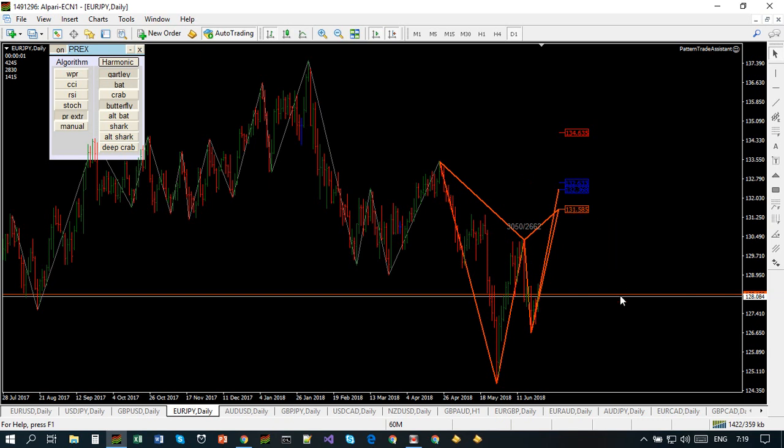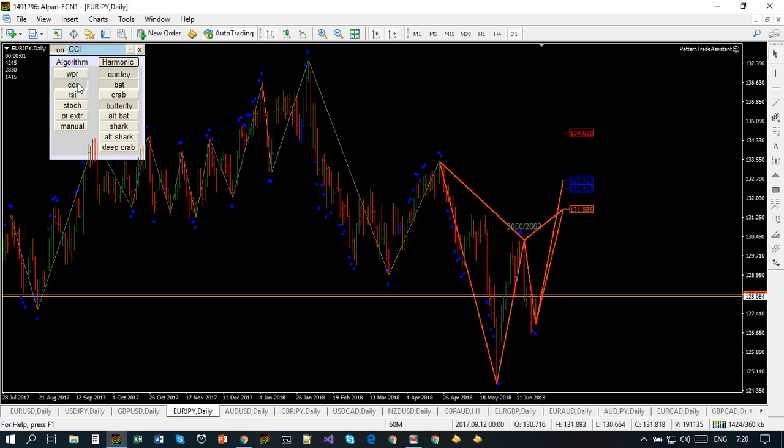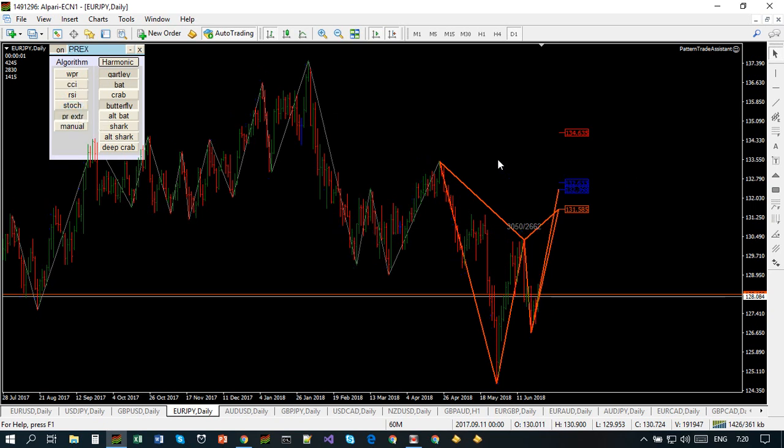All these ratios are listed on my website, so you can run them all. But again, guys, this pattern is not obvious to all harmonic traders, so only 2 algorithms see it: CCI and price extremes. Not enough, at least for me.